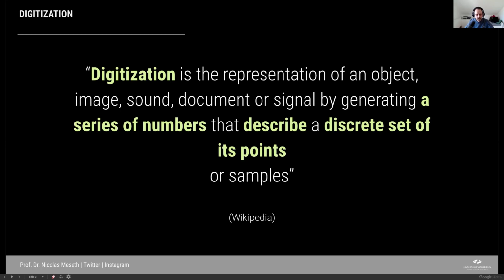So binary is just the specific number system that our digital computers work with. And that's why when we say digitization, we usually mean transforming it into a binary representation, but that's just because computers need the binary representation. That's the reason why we almost mean the same thing when we say digitization. We say that's binary, but it's not true in the technical sense.